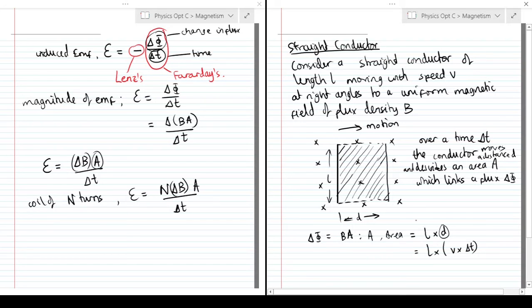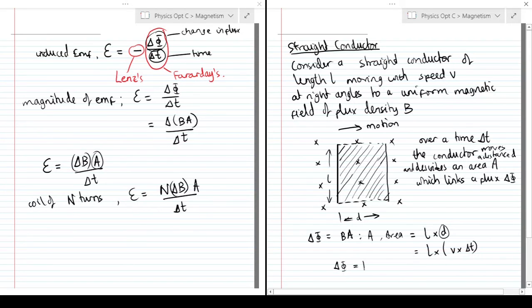So phi is BA. A is the area, as I mentioned there. The area is rectangular in nature, so it is L by D. The distance traveled is the speed by the length of time taken, right? So delta phi, the change in magnetic flux that links that conductor, is, I'm sorry, I forgot the B there.